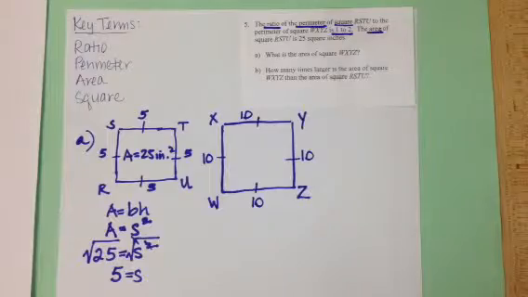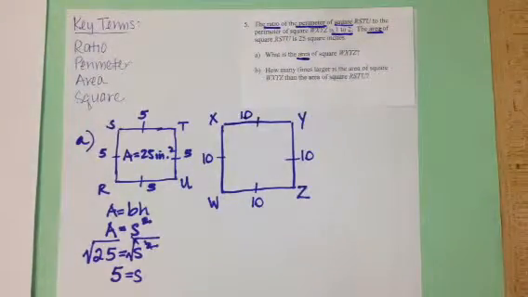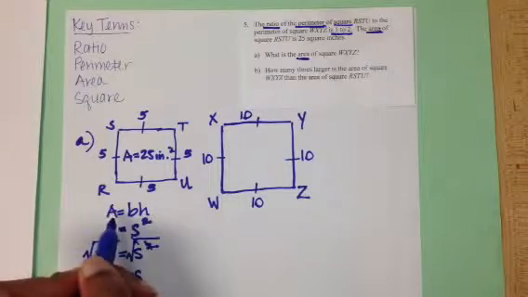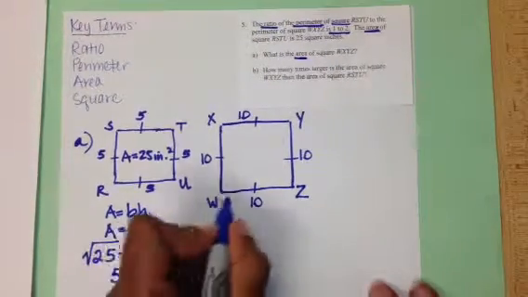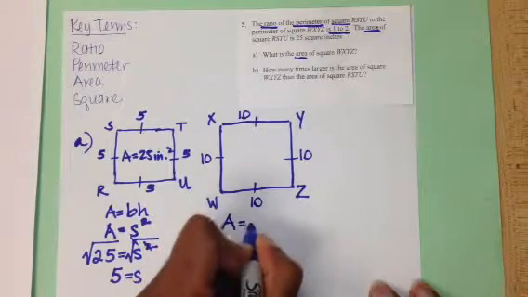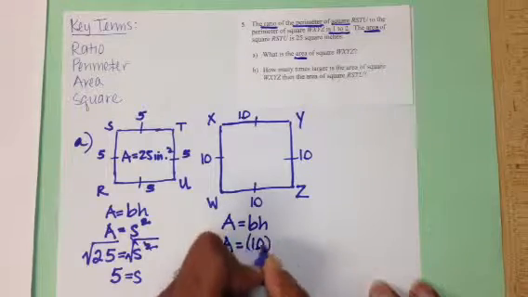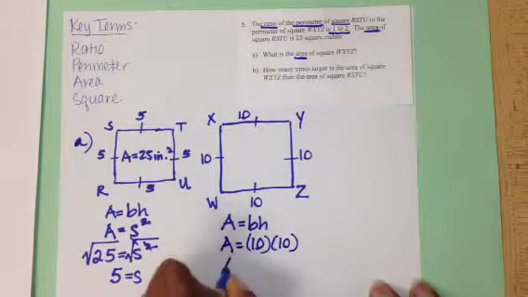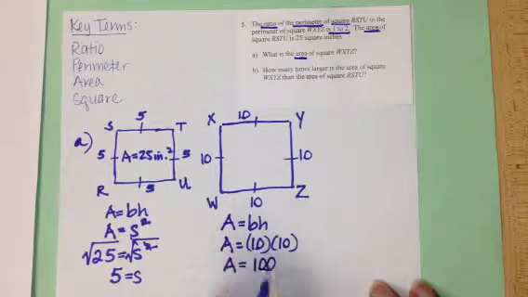The question states, what is the area of the square? If we go back to the definition of area of a square, that's the same formula that we used here, A equals BH or A equals S squared, and just plugging that in. A equals 10 times 10, which gives us 100.